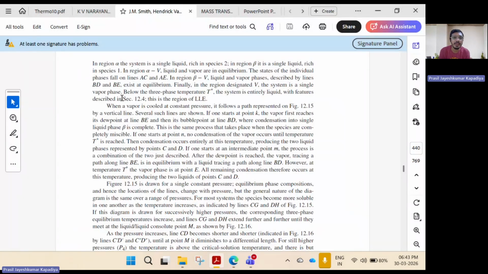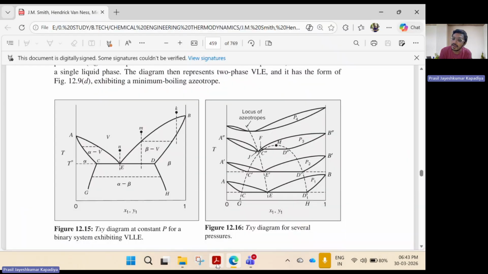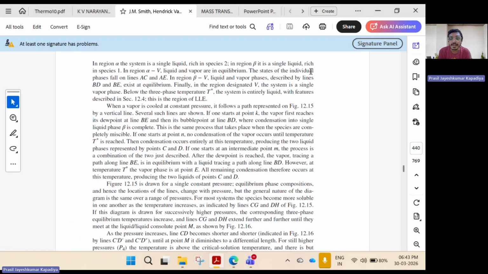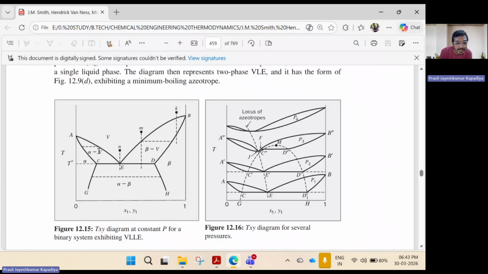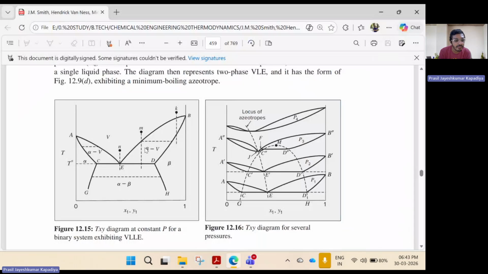In region alpha V, liquid and vapor are in equilibrium. The states of the individual phases fall on lines AC and AE. So AC is the liquid line, AE is the vapor line, and in between we have liquid vapor equilibrium. Similarly, in the beta V region, liquid vapor equilibrium is there. Line BE is the vapor, and line BD is the liquid.